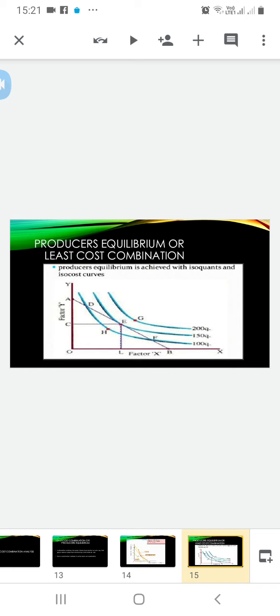The slope of the isoquant and isocost line are equal at the point E. Hence, the optimum combination of production in this graph is 150 units of commodity.